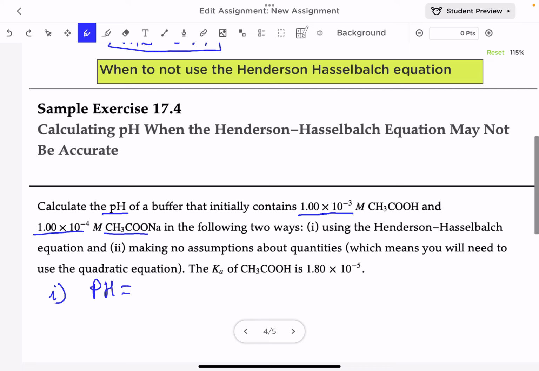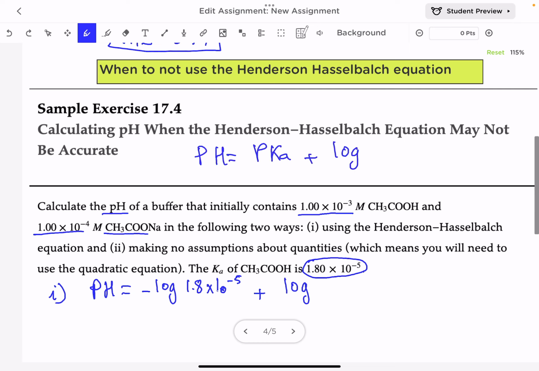So pH equals pKa, which is going to be minus log of this value, minus log 1.8 times 10 to the power negative 5, plus log, I'm going to write it here just in case you got confused so that you don't forget the Henderson equation.